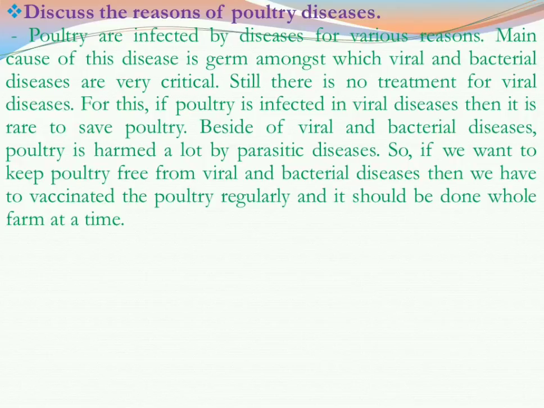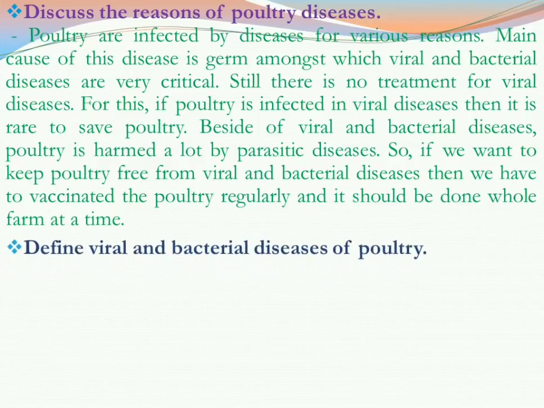That means not a single chicken or one or two chickens, we have to vaccinate all the chickens of the farm at a time. That is good to keep them away from viral and bacterial diseases.